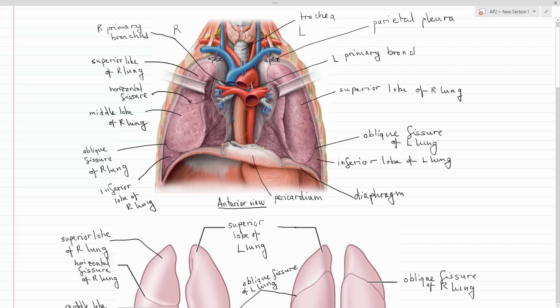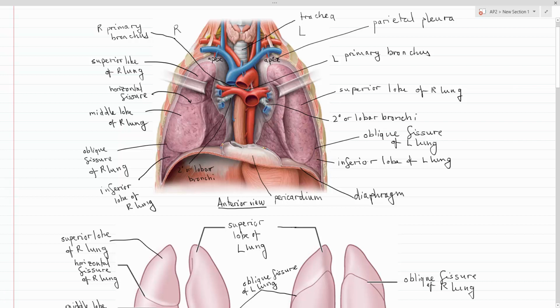And then the primary bronchus will divide into the lobar bronchi, the two on the left. Here's one, here's the other lobar bronchi. So that's the secondary or lobar bronchi. And similarly over here, it divides into three because there are three lobes. So that's also the secondary or lobar bronchi on the right lung.